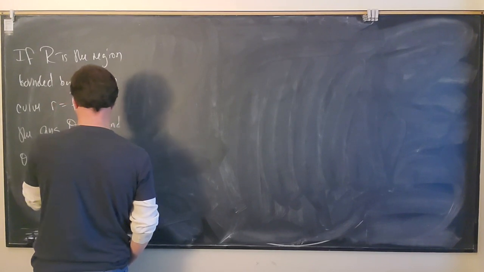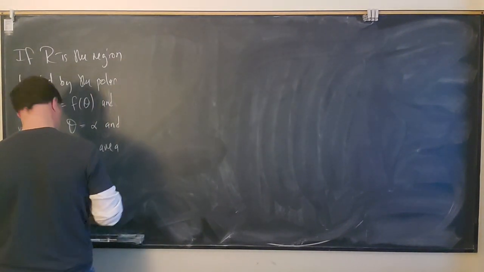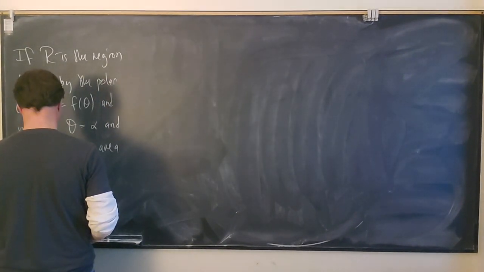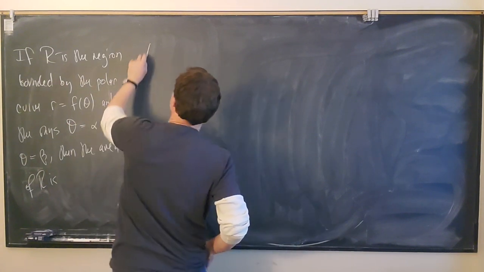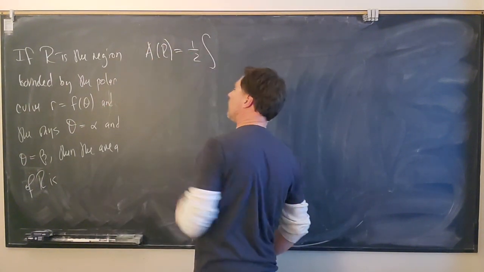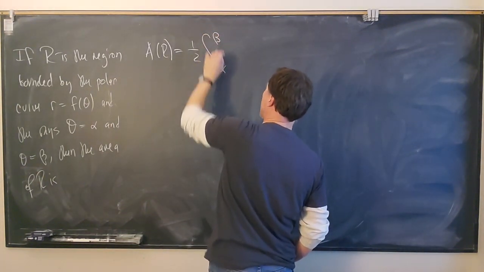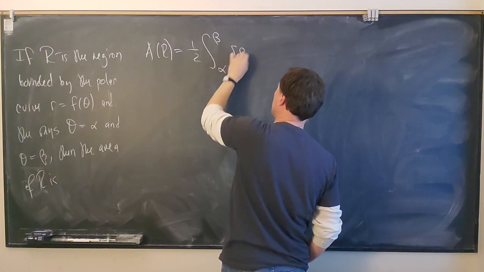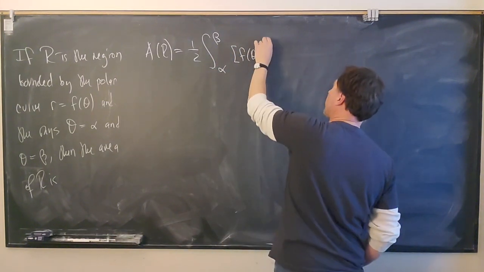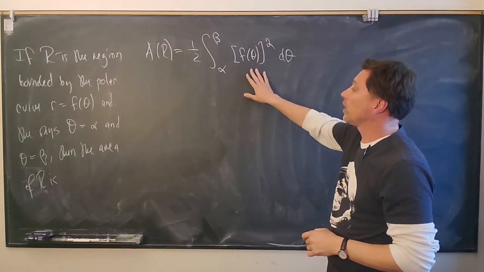Then the area of R is, and let's write the formula up here, A of capital R equals 1/2 times the integral from alpha to beta of f of theta, squared, d theta. So this gives us a formula for computing the area.